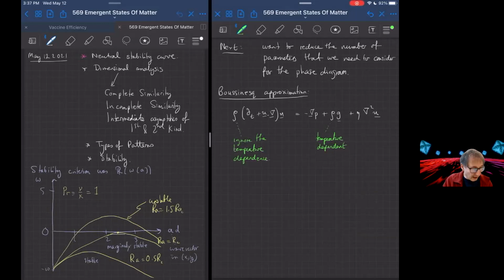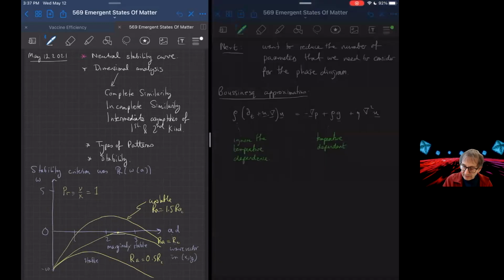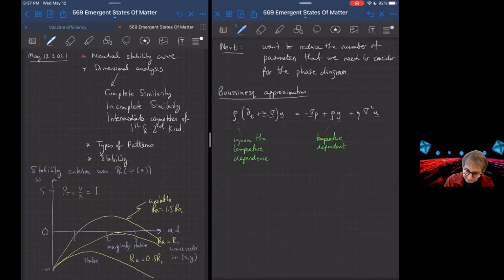Okay, so let's now write down our equations as we have them in fully dimensional form.